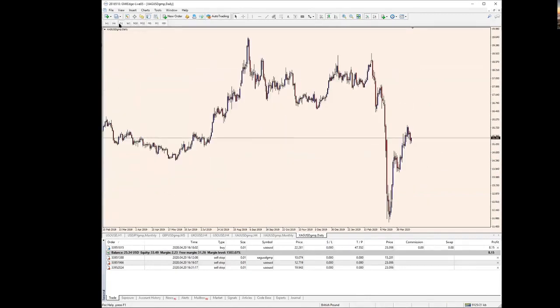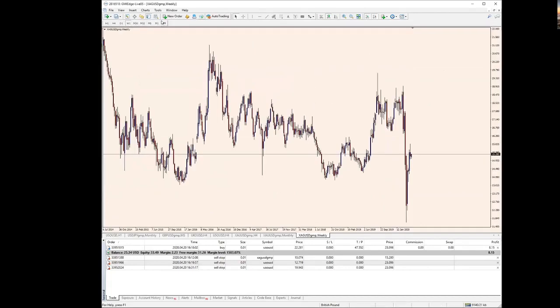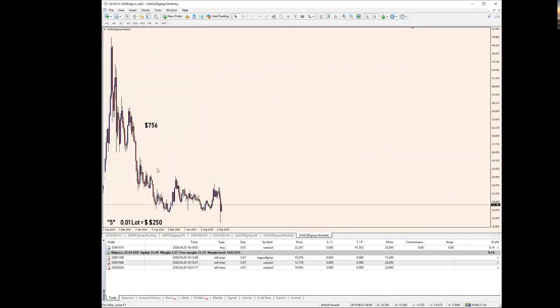But yeah, okay, let me share with you some experience that I have in silver. I bought over here in FX Primers Broker in 2013. I made my money and then it dropped back to this level. From 2013 up to 2020, 7 years, the price did not shoot up.